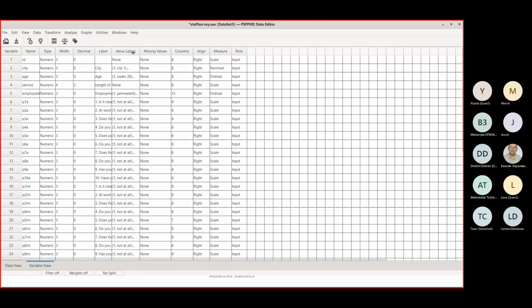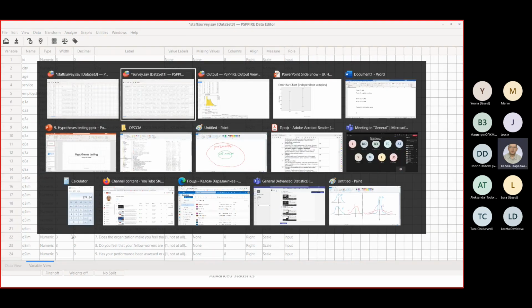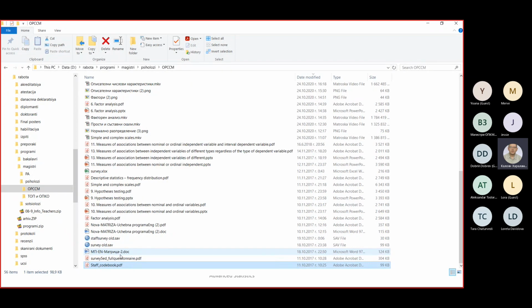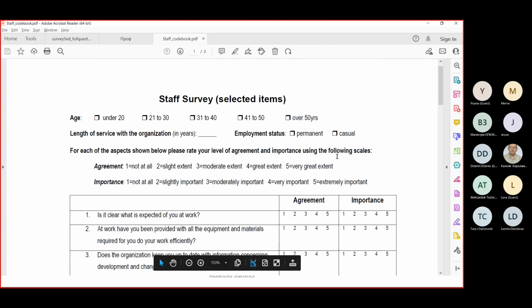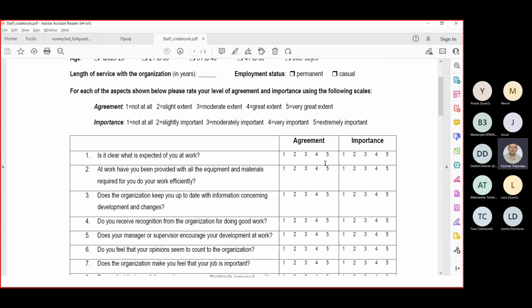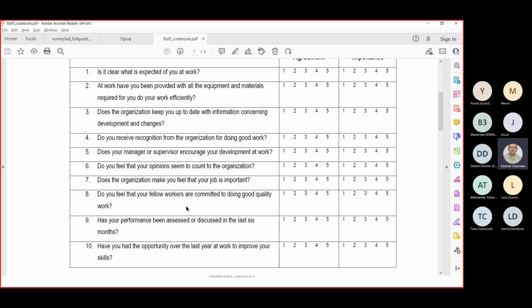And here I will open the questionnaire of this survey, the staff survey. Sorry, I said acceptance, the correct word is agreement. In this survey, we have 10 statements.